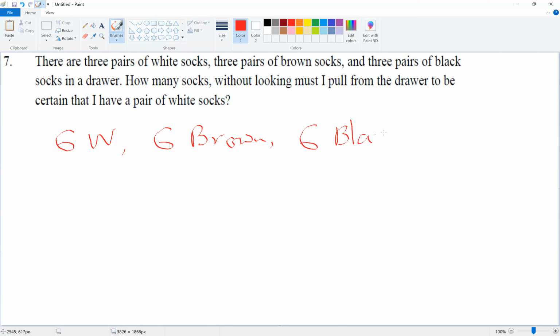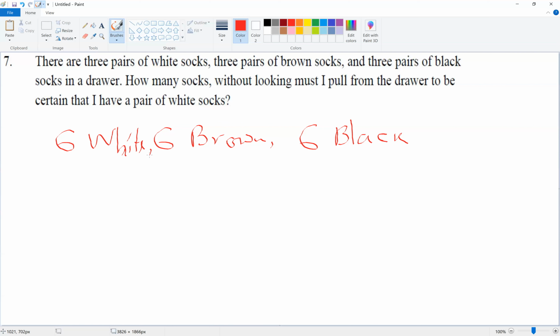Okay, let's say you are picking, and you pick 2 socks. Are they guaranteed to be white? Mr. B, it says there are 3 pairs. Oh, okay. No. Let's say you pick 6 socks. Are they guaranteed to have any white?